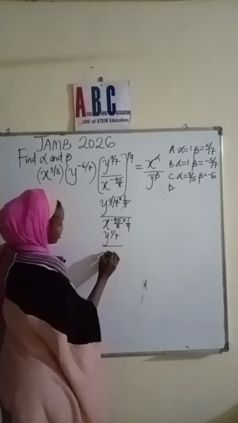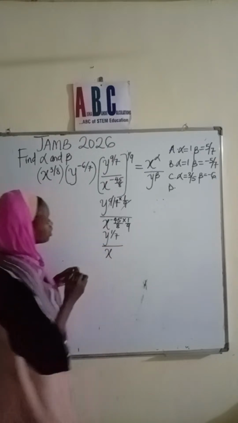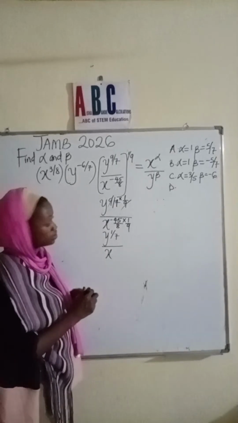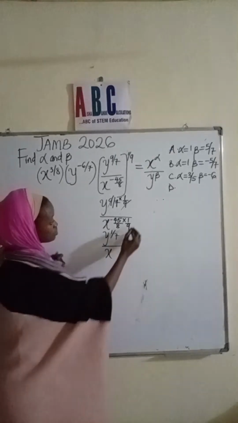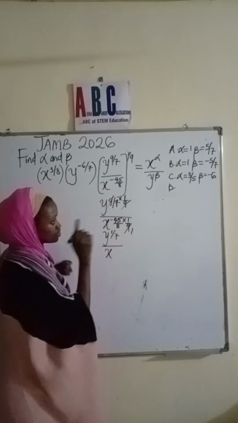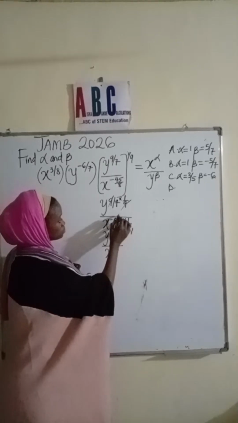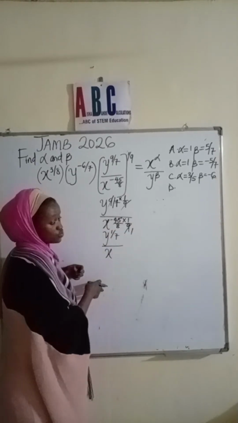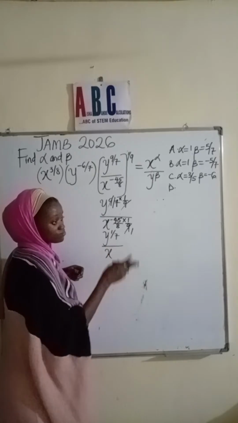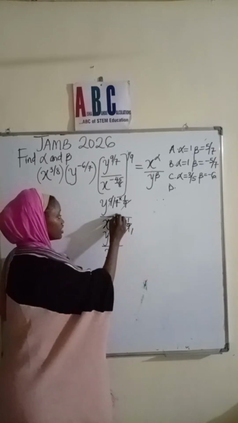All over, then the x. 45 divided by 9 is 5.